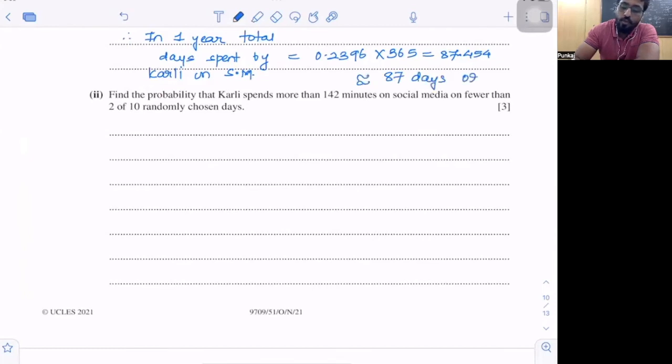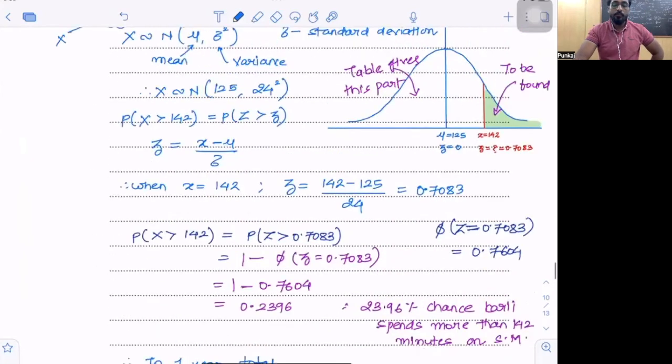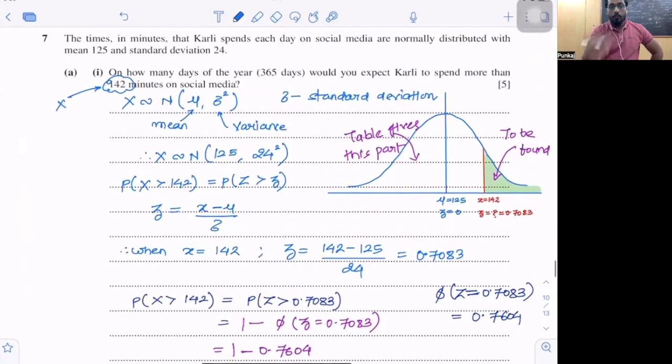Or you can also write 88 days, if you also take into account the 0.454 part of the answer. That's 87 days or 88 days, the number of days where Carlyle will spend more than 142 minutes on social media.